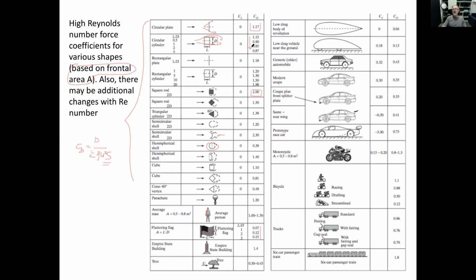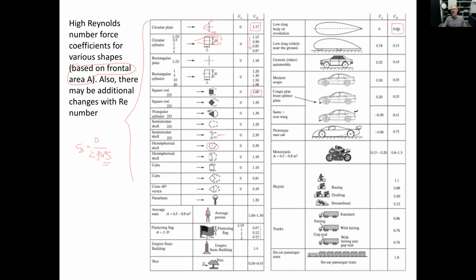So let's look at this a bit more carefully. This is just showing a bunch of things. But what is worth remembering is that the 1.2 number is fairly high. And then a completely streamlined shape, on the right-hand side, is 0.04.